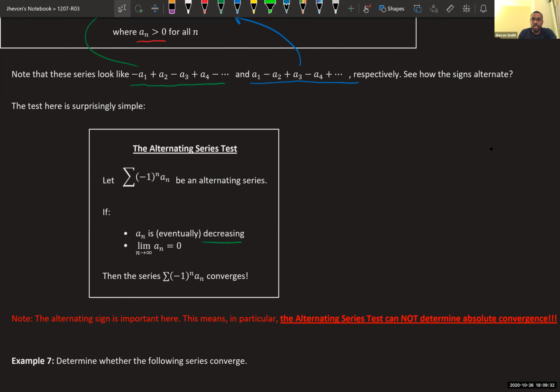The alternating series test applies when we have plus, minus, plus, minus, plus, minus, which means if I were to throw in absolute values, I would kill all the minuses. And so the convergence that we're talking about here is not absolute. So when I talk about convergence here, this guarantees conditional convergence.